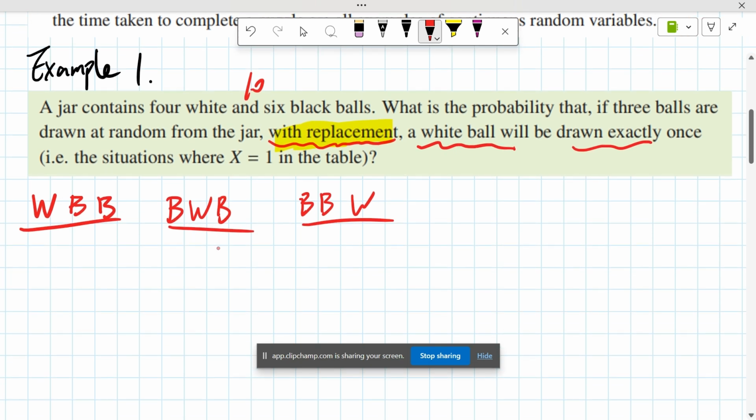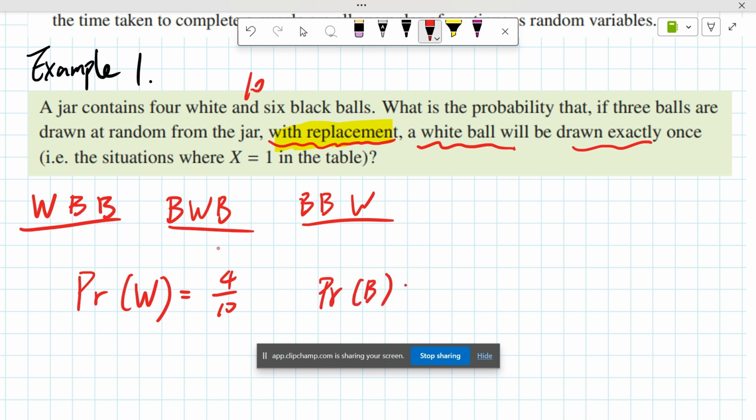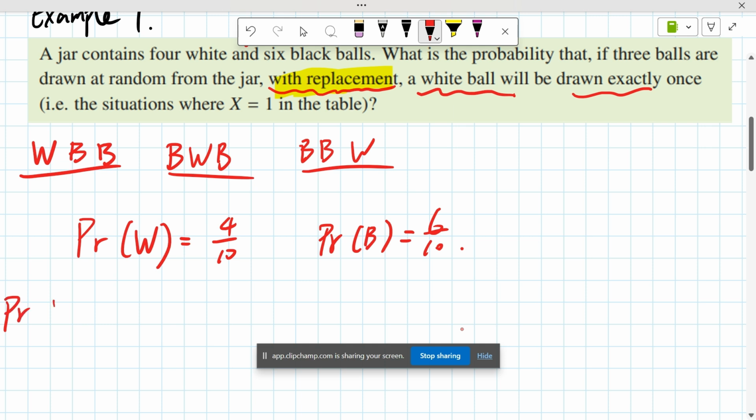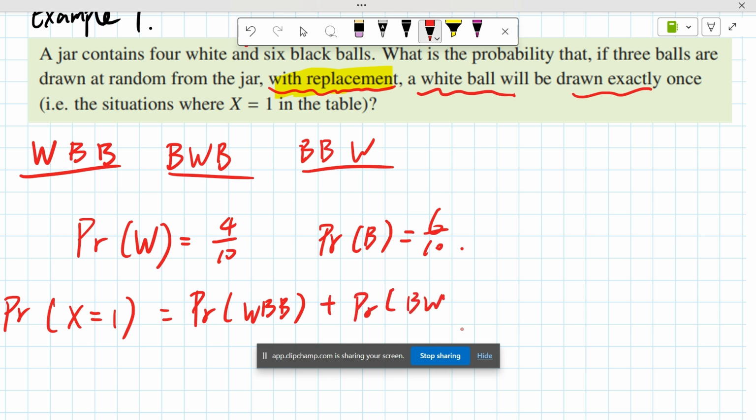Since there are 10 balls, the probability of white will be 4/10, and the probability of black will be 6/10. Does that make sense? Yeah. Now, the probability of x equal to 1 will be the probability of white, black, black, plus the probability of black, white, black, plus the probability of black, black, white. There you go.